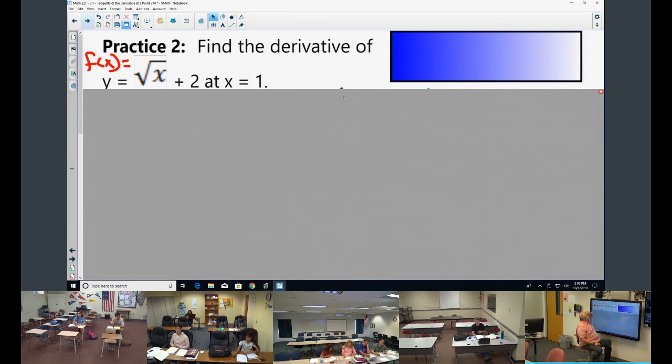Okay, so this says find the derivative of y equals the square root of x plus 2 at x equals 1. All right, so see if you can do this one.